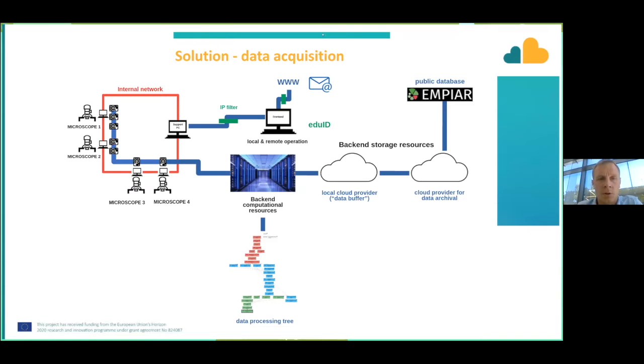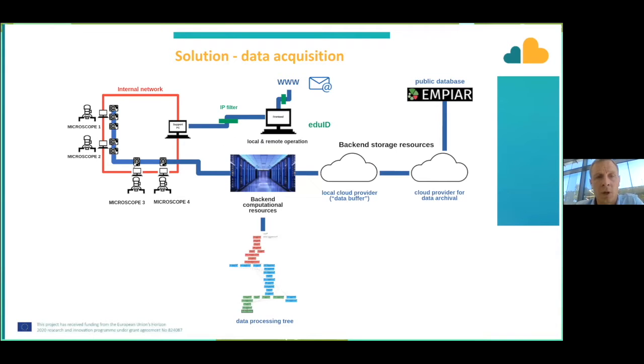In the conservative case, the electron microscope is usually in a facility and runs on an internal network that is cut from the internet. Of course, in a less conservative strategy, this is directly open to the internet, but that does not influence the way the implementation I will be describing is set.